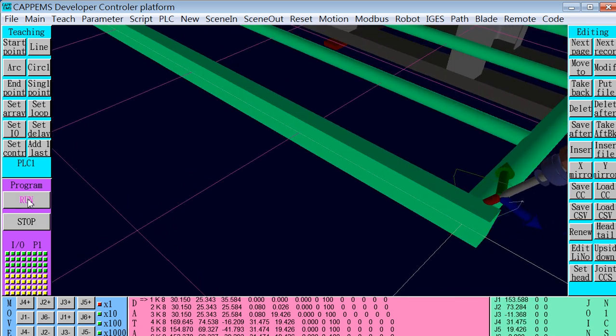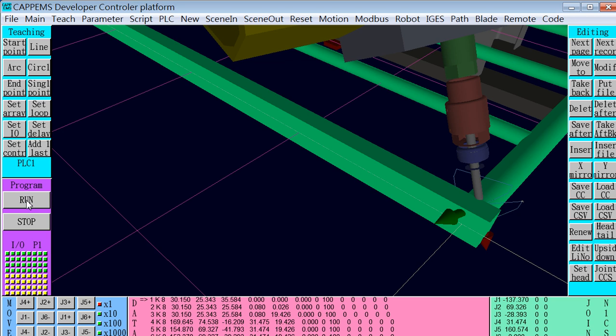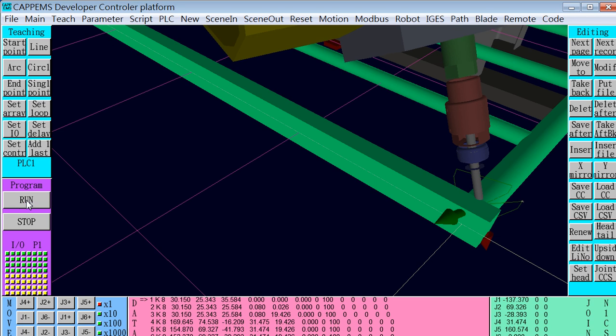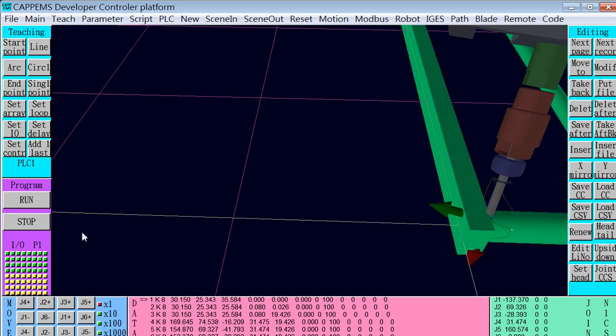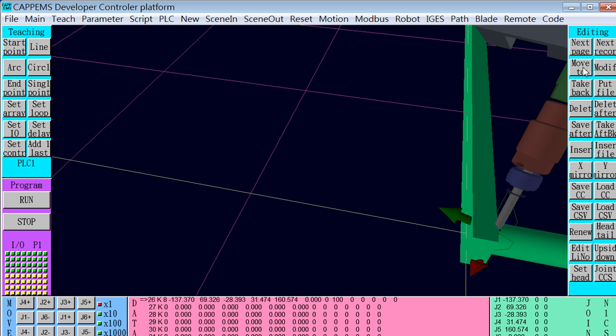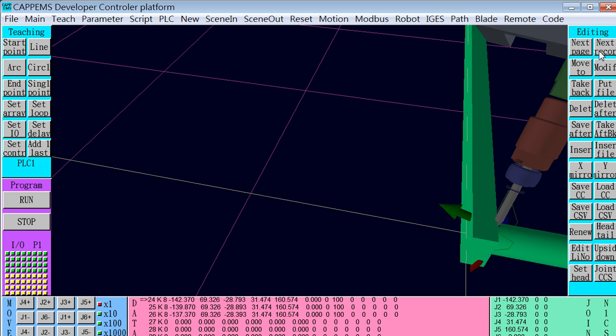Run to see the whole route. Okay, it seems missing something.